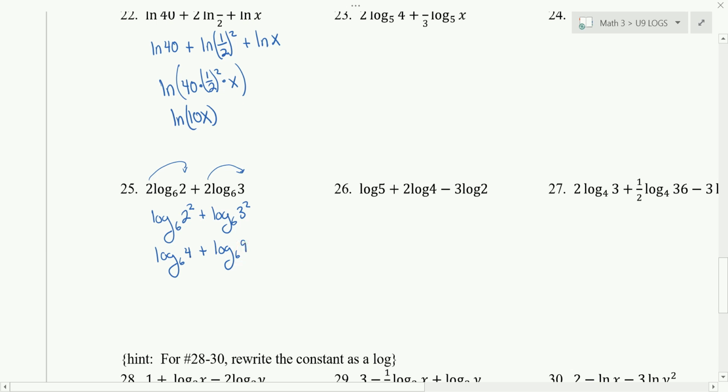And then the product property. And actually we could simplify this further. This is asking 6 to what power is 36, and our answer is 2.